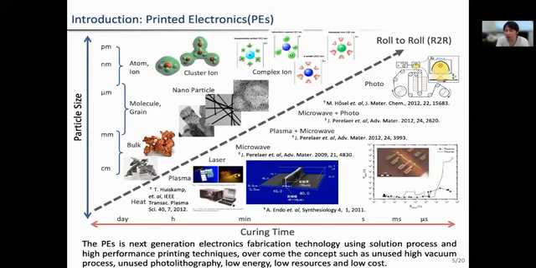In this slide, the y-axis is ink particle size, and the x-axis is the curing time using several sintering methods. Both axes decrease in this direction, and the final goal is roll-to-roll process printing. When the ink particle size decreases from bulk to molecule, the curing time can be reduced.